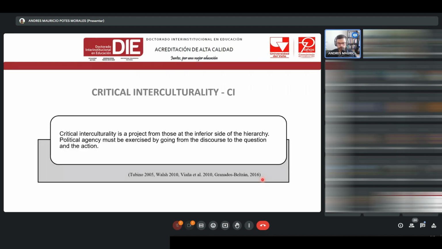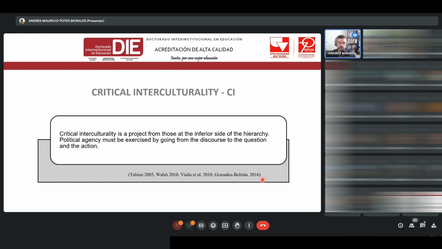And the third distinction, which is the one this study centers on, is critical interculturality, proposed by scholars such as Tubino, Walsh, Granados, Beltran, among others, which is a process, tool, and a project built from those at the inferior side of the hierarchy. It aims at transforming social and institutional structures and building different conditions of being, thinking, knowing, learning, and living.